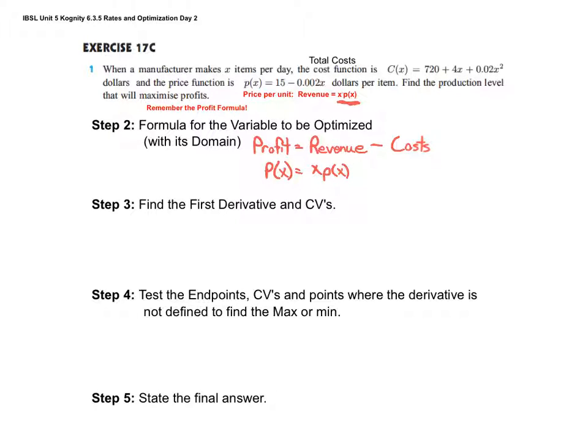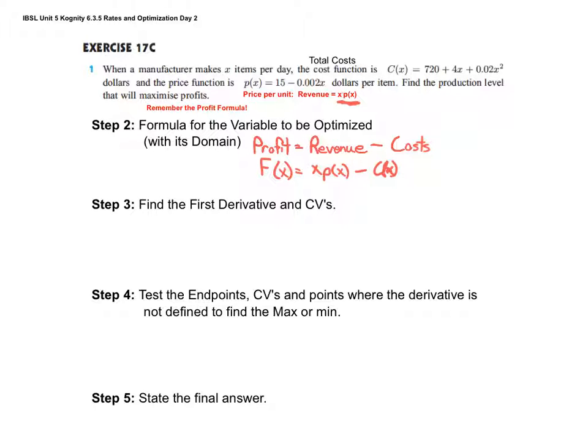I should probably not use P for profit since we're using P for price. F? Yes, profit. And then minus the cost, so minus that C of X function.